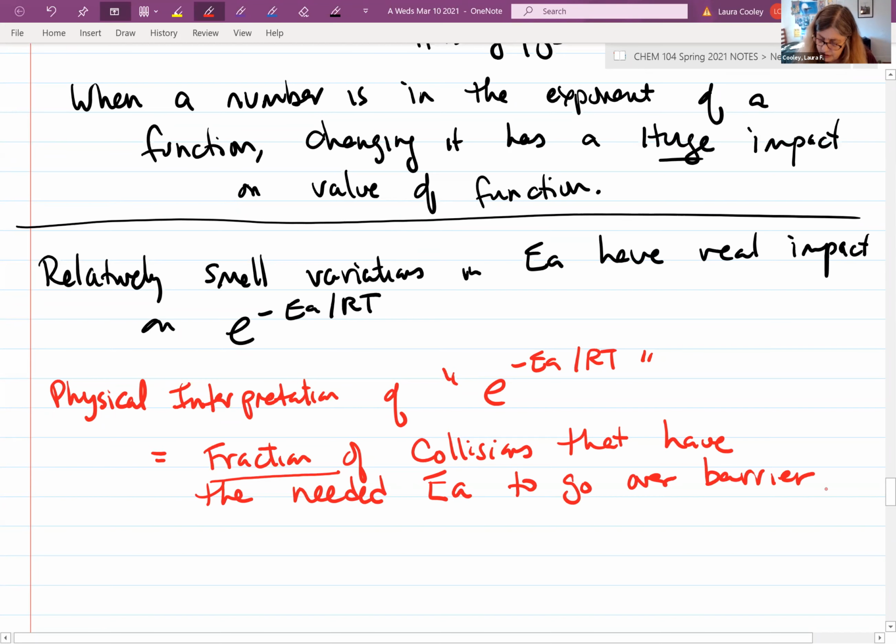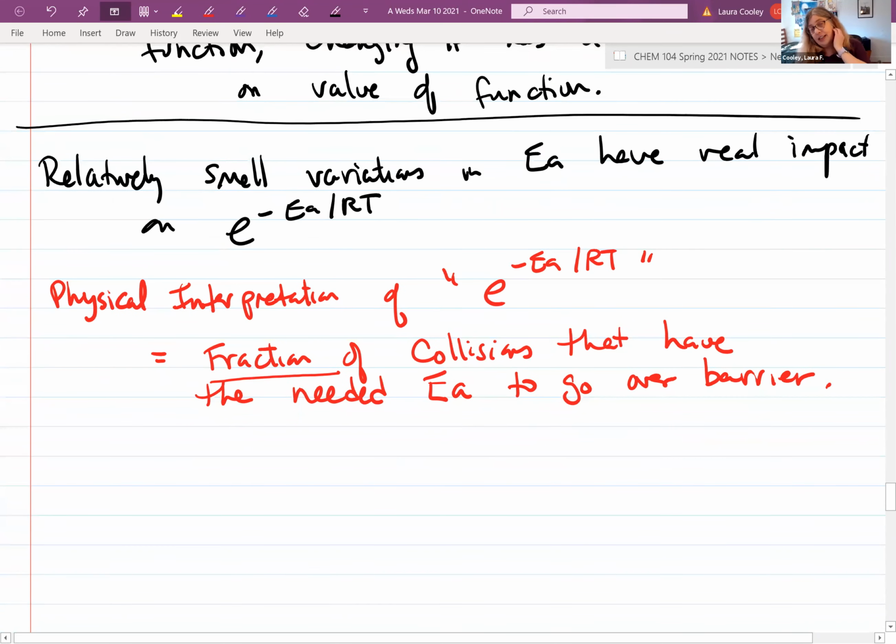The fraction of collisions that have the needed energy to go over the barrier. So this fraction varies a lot, like I said. So let's talk about some examples.